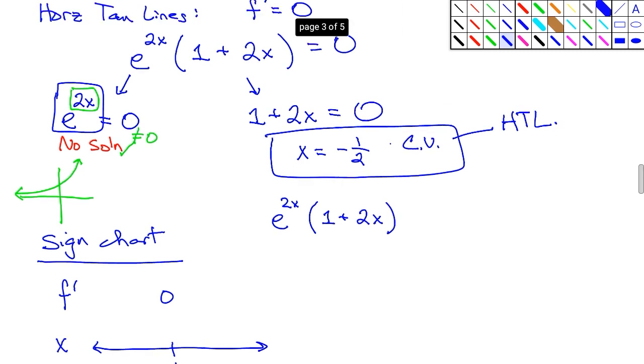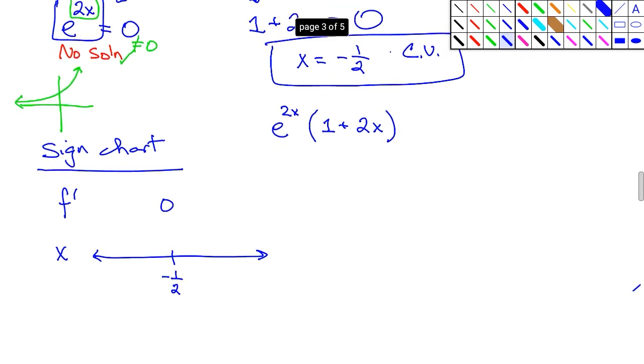And we want to determine the sign at some test point. So if I test here at 0, for example, I can plug in 0, and we get e to the 2 times 0 times 1 plus 2 times 0. Well, e to any power is always positive, so I don't even have to worry about that in many of these cases.